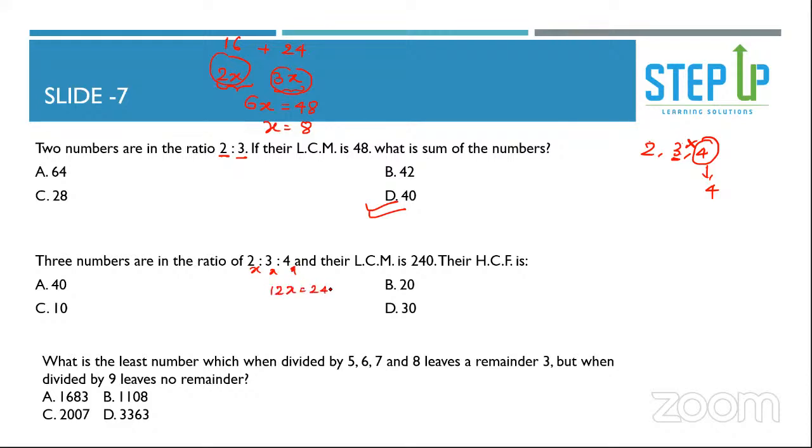12x is equal to 240. It means that x is equal to 20. If x is equal to 20, the numbers will be 40, 60, 80. Right? 40, 60, 80. Highest common factor, HCF. So HCF could be what?